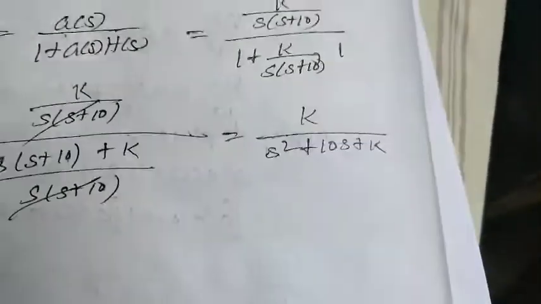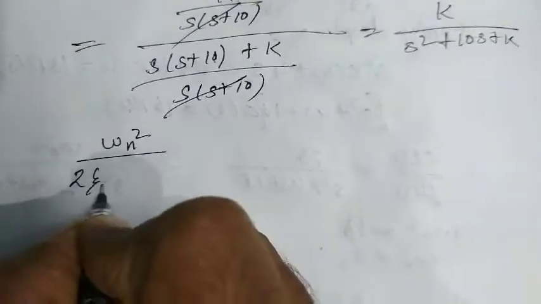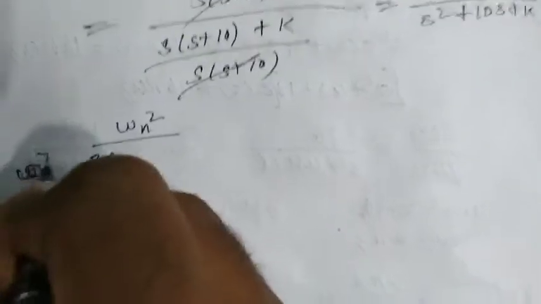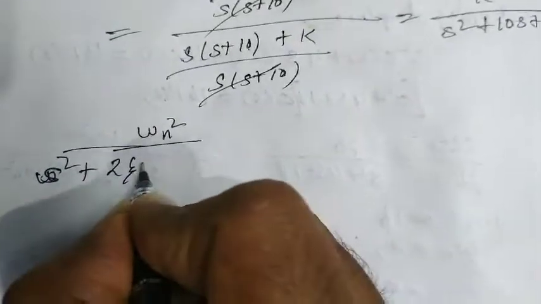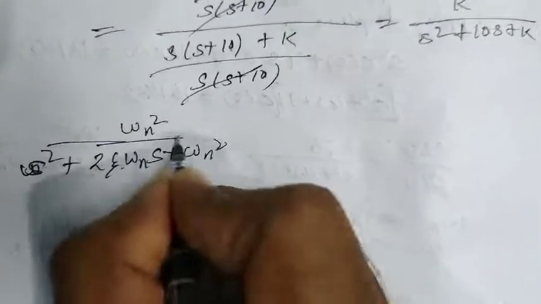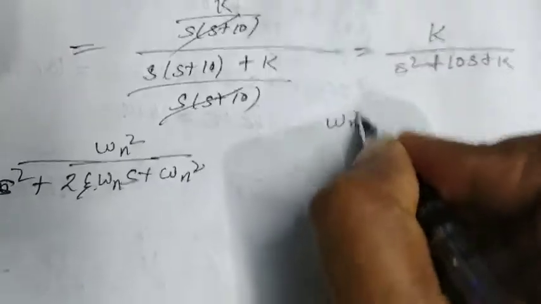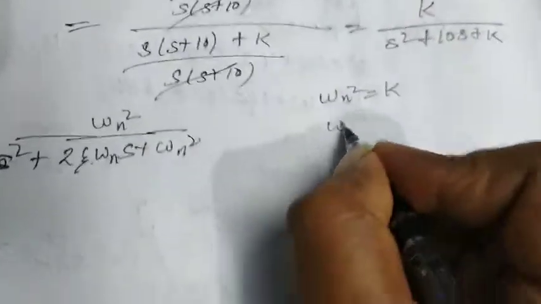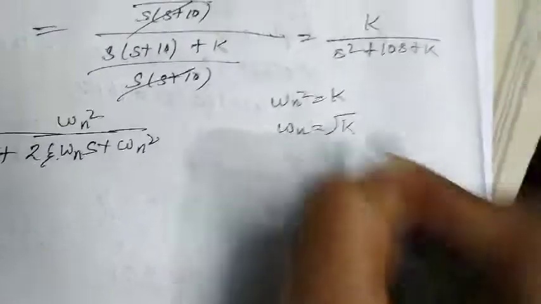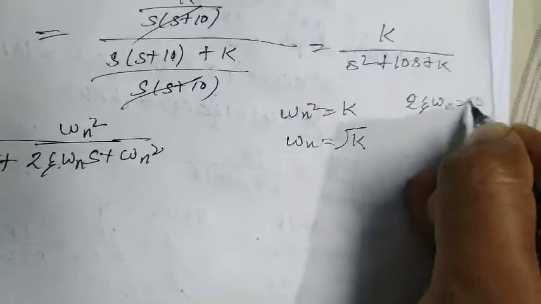Now I compare with the standard form. As we know, the standard form is omega n square by s square plus 2 zeta omega n s plus omega n square. So comparing with the standard form, I'll get omega n square as k. So omega n is equal to root k, and 2 zeta omega n as 10.